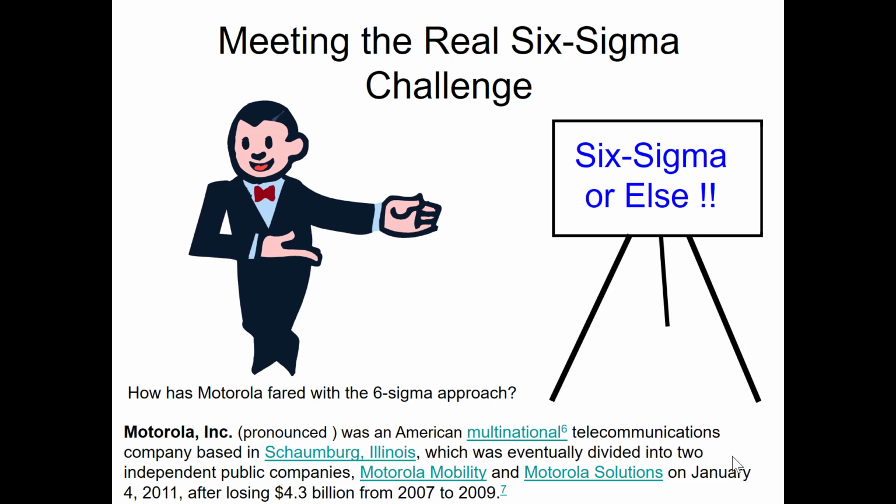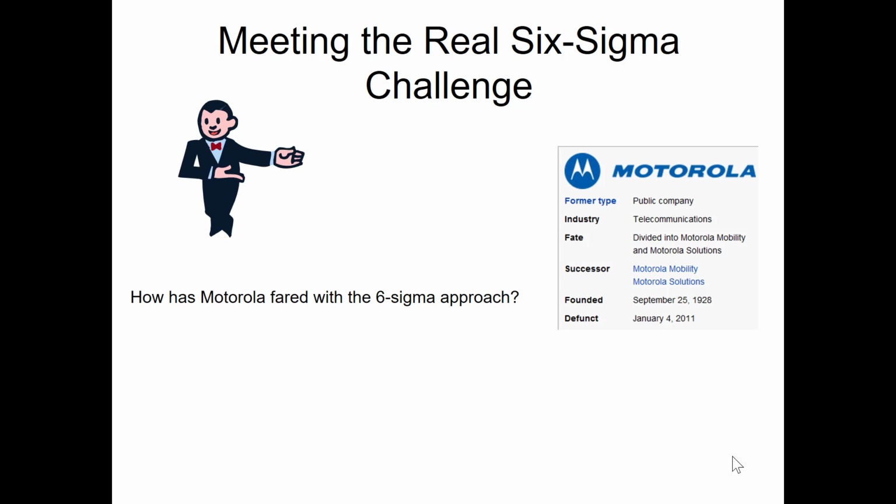So if a company loses a couple $1 billion a year, is that a big deal? Well, if you look at the size of companies like this, we talked about the annual sales of TI, $10 or $12 billion, and Marvell, $5 billion, and so forth. When a company's losing a couple $1 billion a year, that's a big issue. Motorola was an American company. So let's see how Motorola fared with the Six Sigma approach.